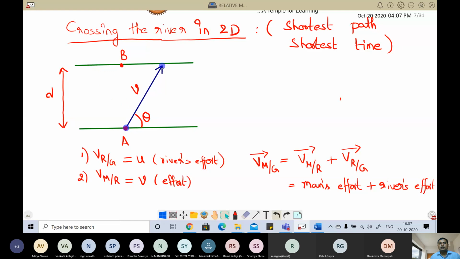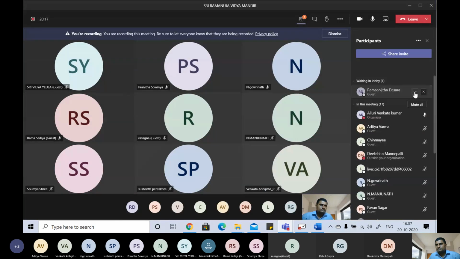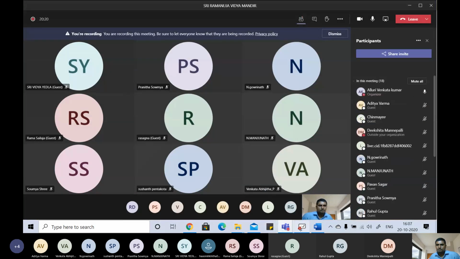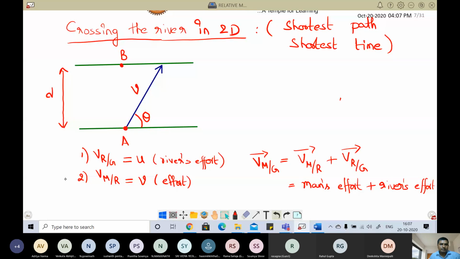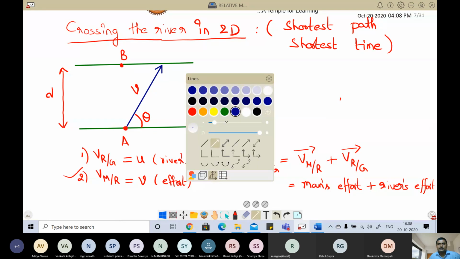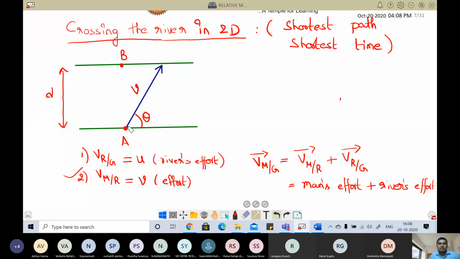In general, let us say this is theta. Now we can resolve first this quantity, velocity of man with respect to river, into two components, an x component and a y component.